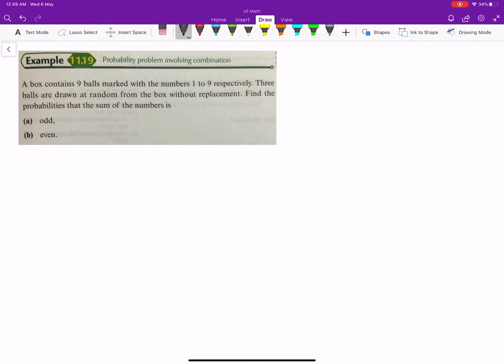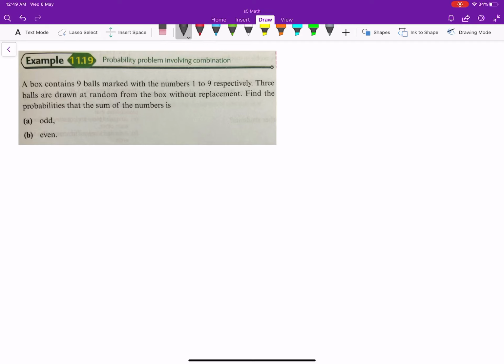Here we get 9 balls marked with the numbers 1 to 9. 3 balls are drawn at random from the box without replacement. That means you will not get the same number, right? Find the probability that the sum of the numbers is odd or even.